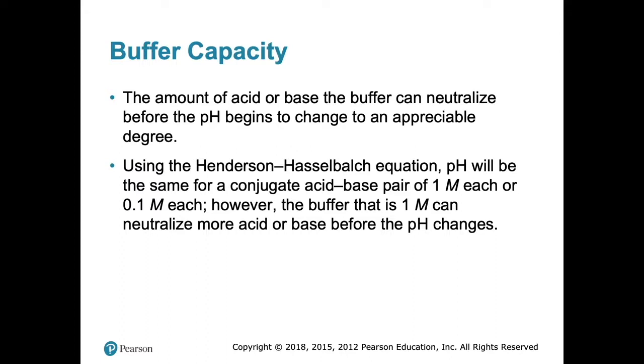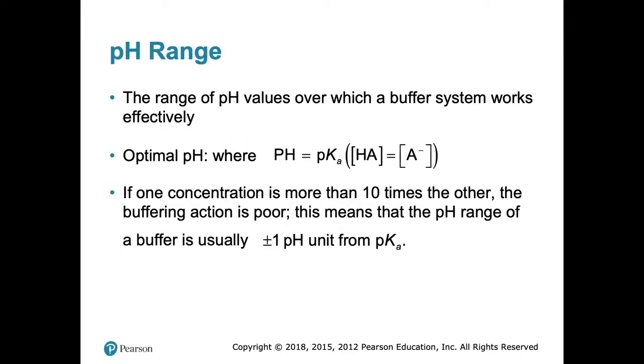In a lot of words, it says that, okay? Buffering range is plus or minus 1 pH unit. The vast majority of them are like that, okay? Any questions about that? Is that confusing at all? Okay, so this shows you why. That's a typo. That should be a lowercase p right there, right?